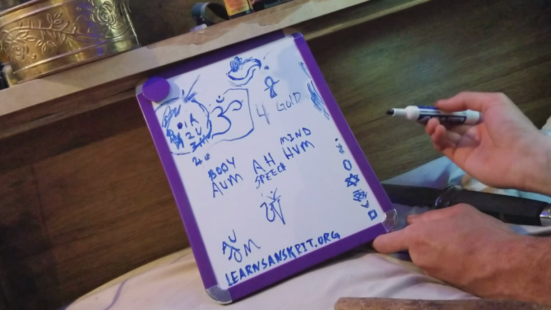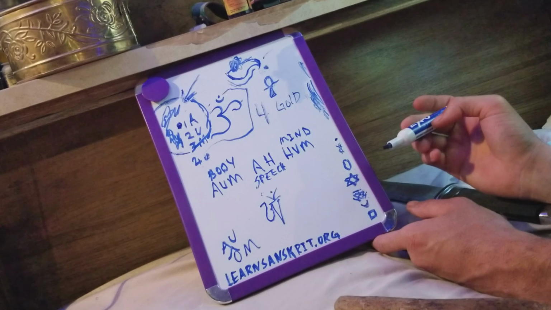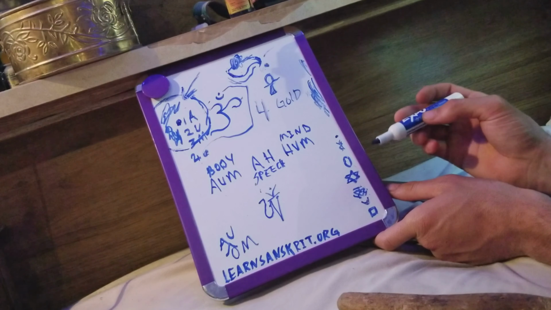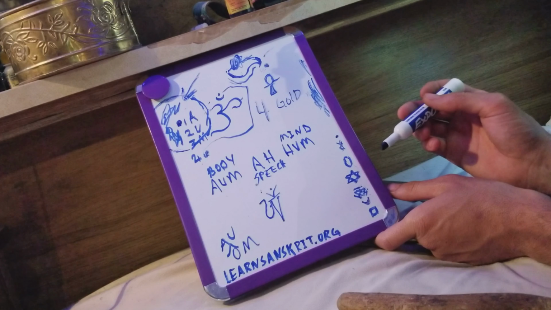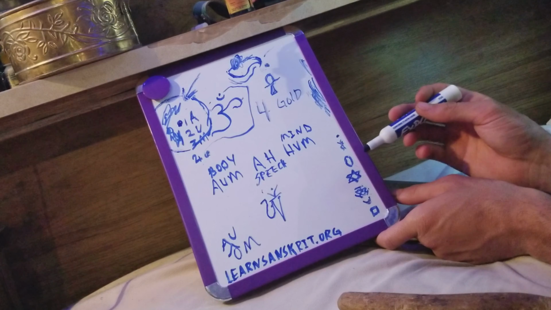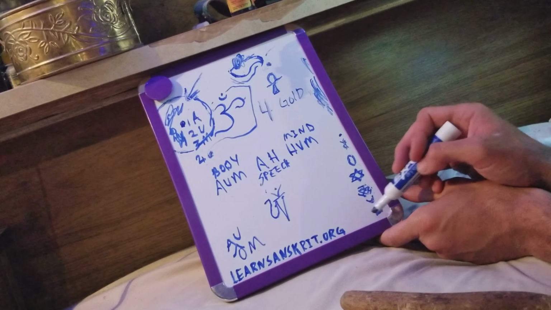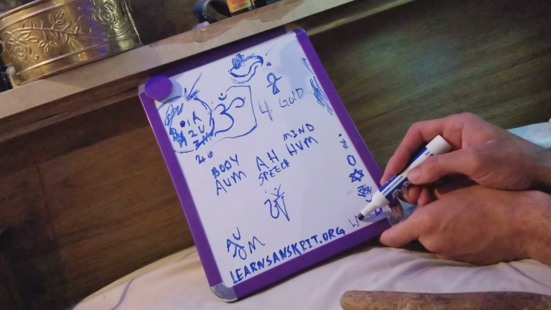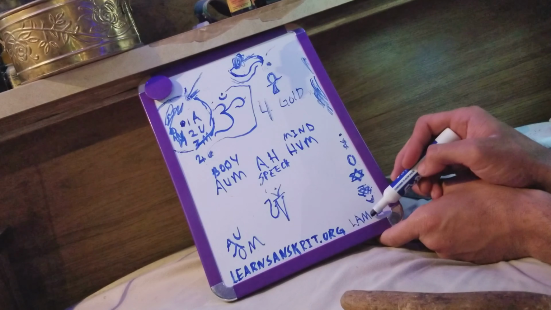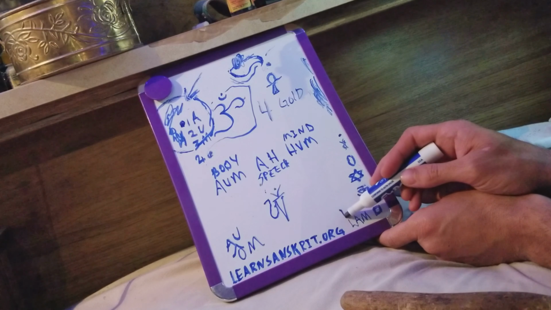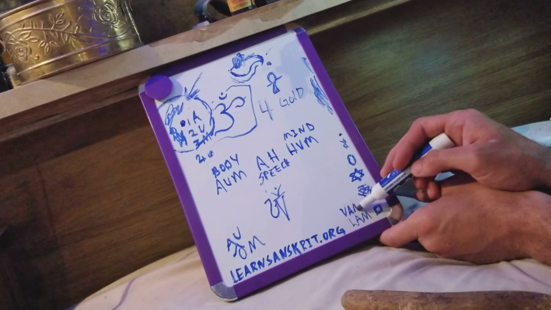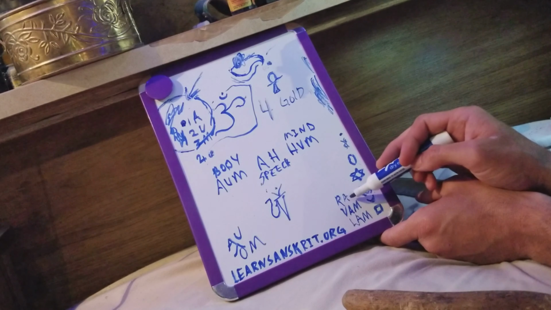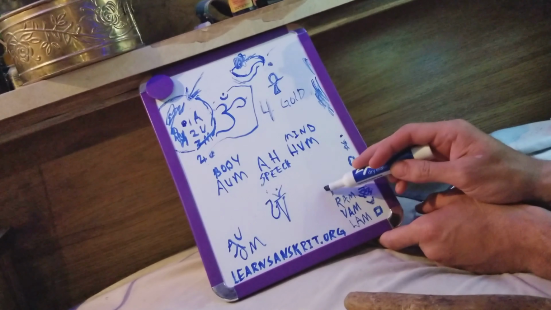And I'd like to finish up here by giving the bija, which are seed mantras for the 4 elements as prescribed for the first 4 chakras. I'm going to start out with Lang for earth, Vang for water, Rang for fire, Yang for air.